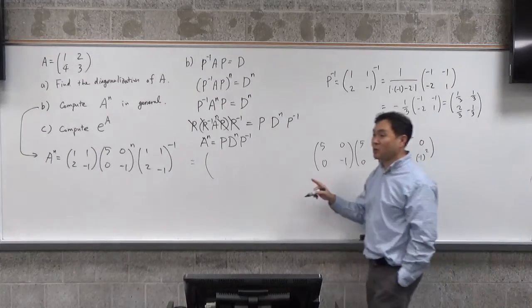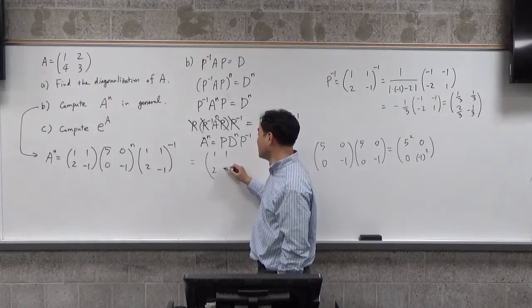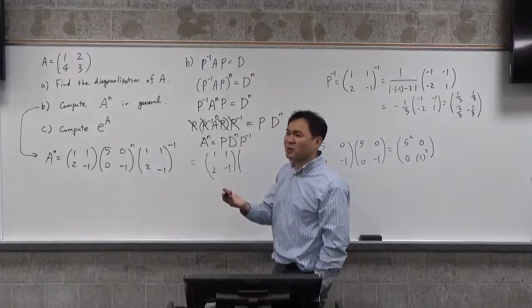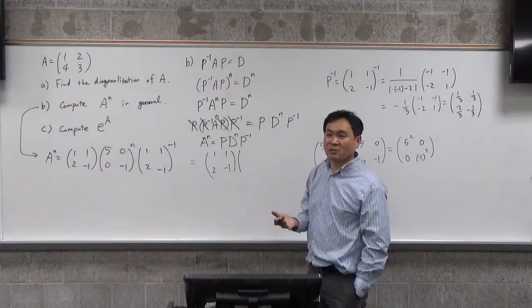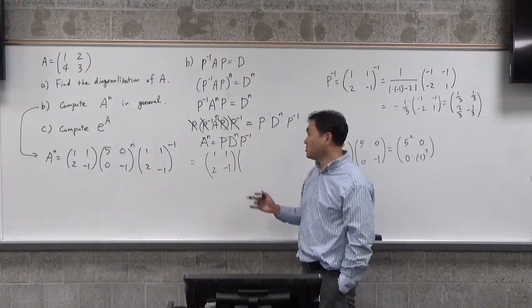So if you take the nth power, what's going to happen? This n goes inside. That's the point, right? Why do we like diagonalization? Because for diagonal matrices, you can take the nth power really easily.